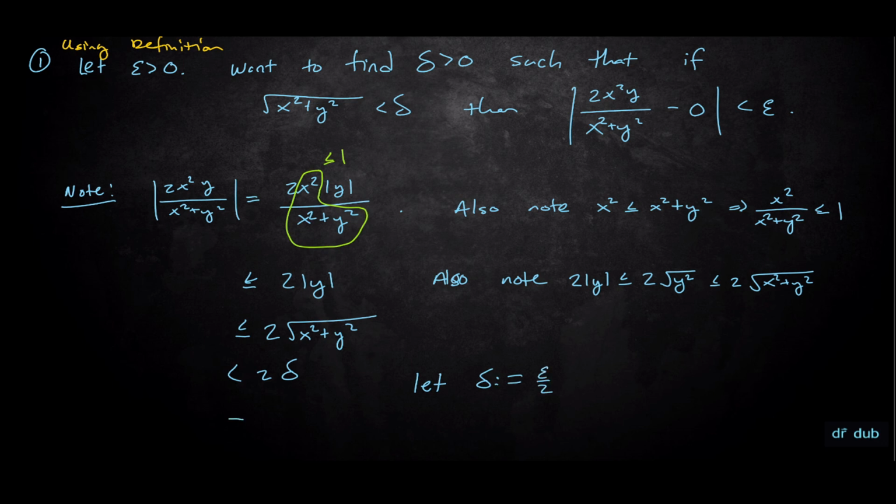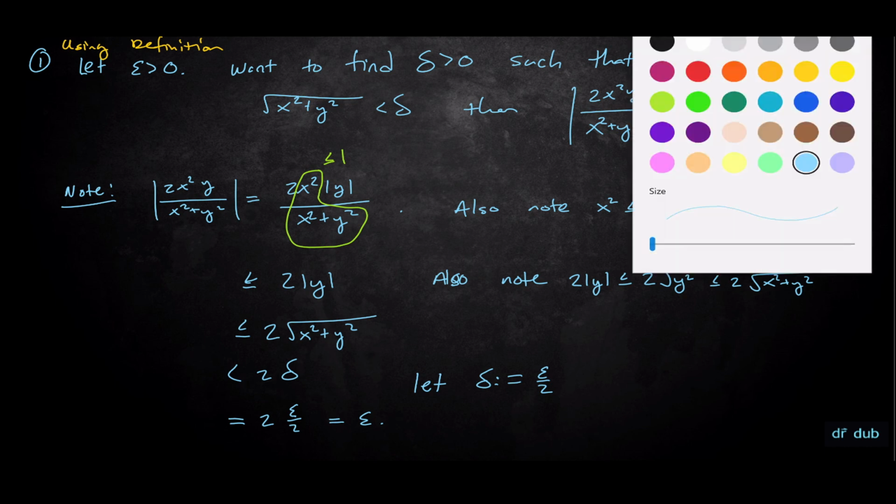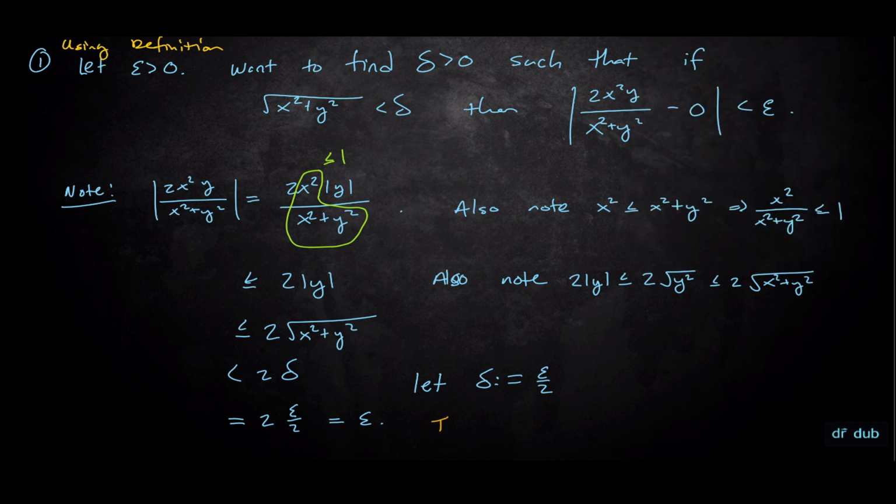Then this is equal to 2 times epsilon over 2, which is epsilon, which is what we needed to show. So that shows that the limit is 0 by definition.